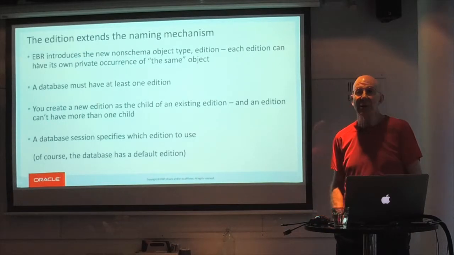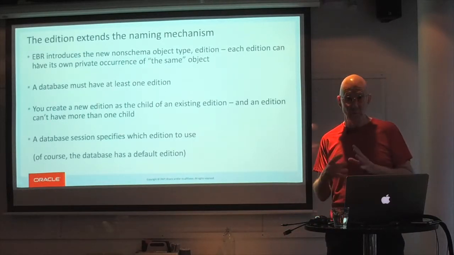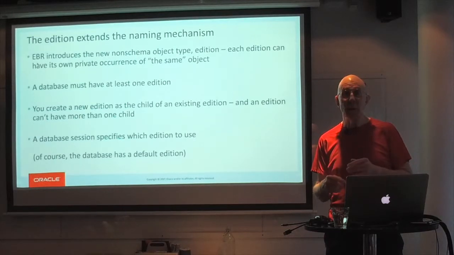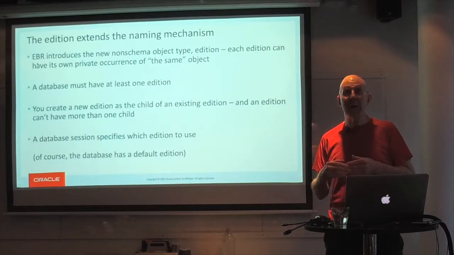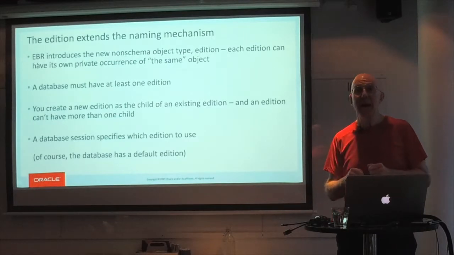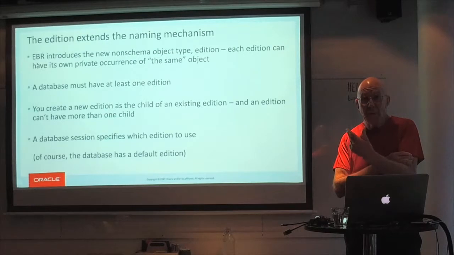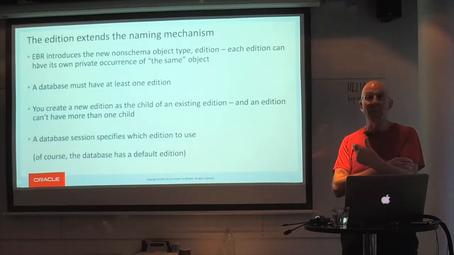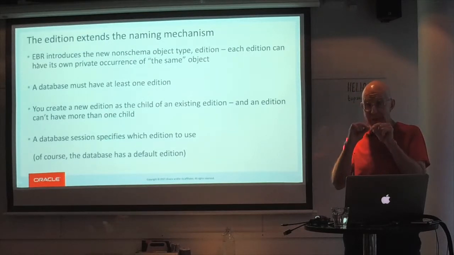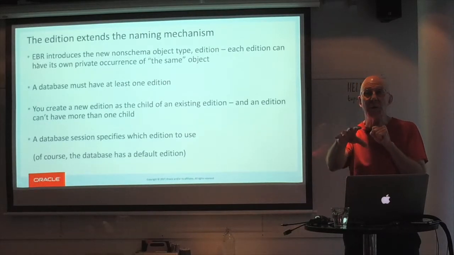And we just like to use the terminology of child and parent. So when you create an edition, it can only be created as the child of the previously youngest edition. Okay, simple as that. We talk about the parent-child relationship among editions. They're in this step by step along a straight line from most senior to most junior.